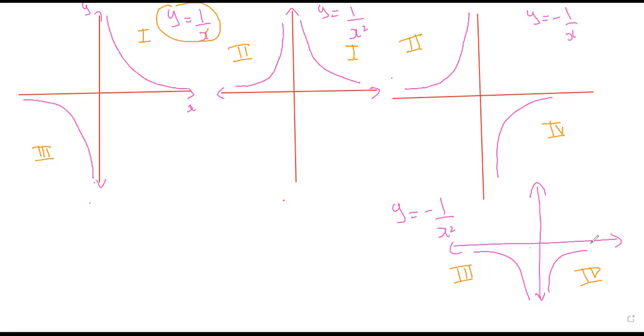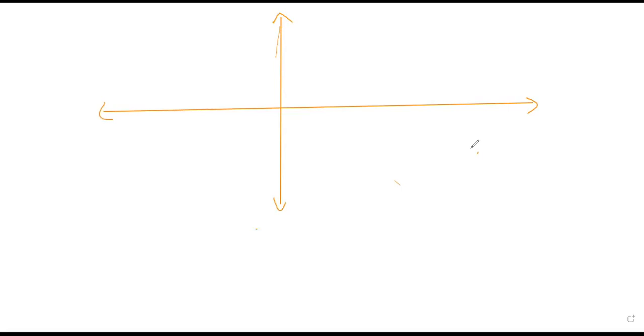Okay. All right. And the last shape is basically for any exponential function. So this is the y-axis and this is the x-axis. And let's say I have y equals 2 to the power x or y equals 3 to the power x, something of that type.